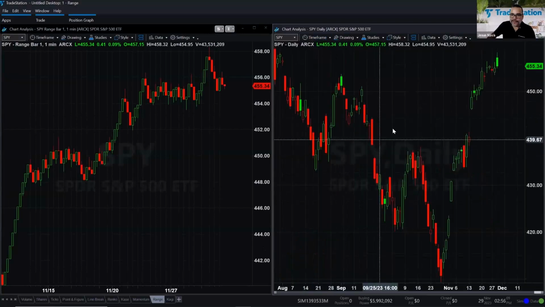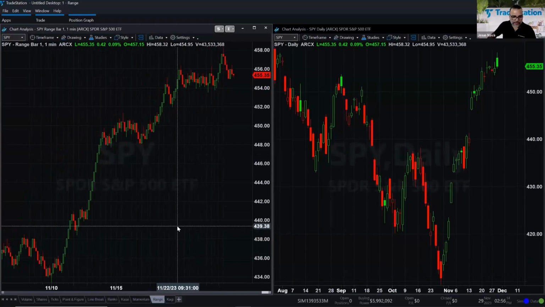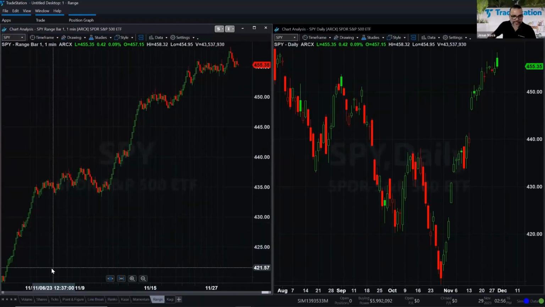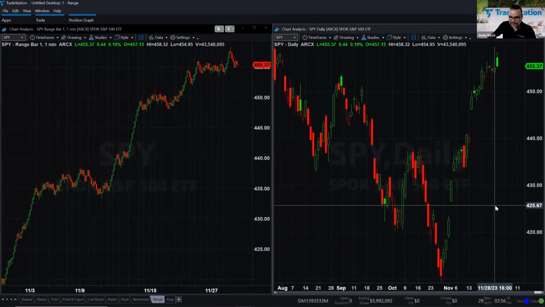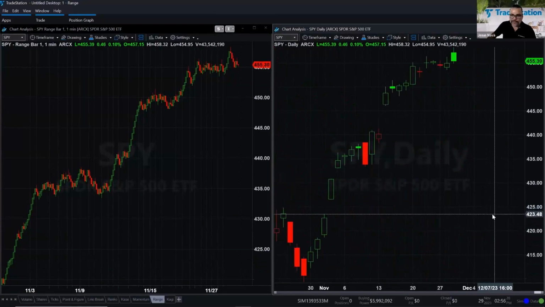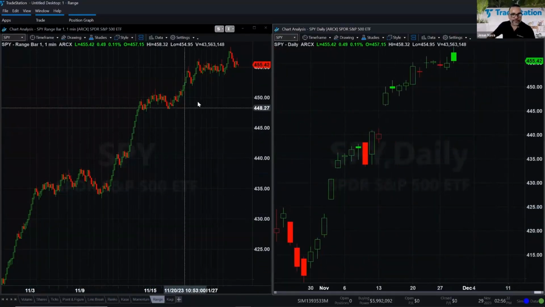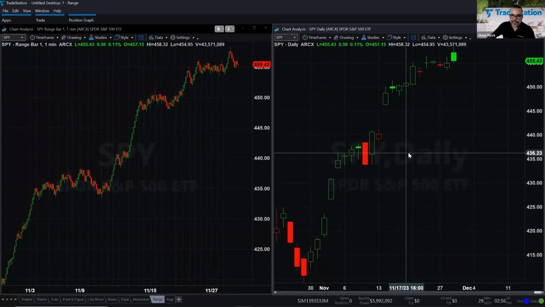And again, this is a chart that goes back to, let me squeeze the chart a little bit. So this is from the beginning of November. I'm going to expand the chart here from the beginning of November. So what you see here in my range bar is what happened right here.